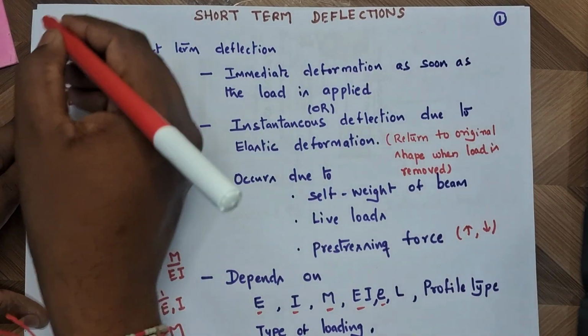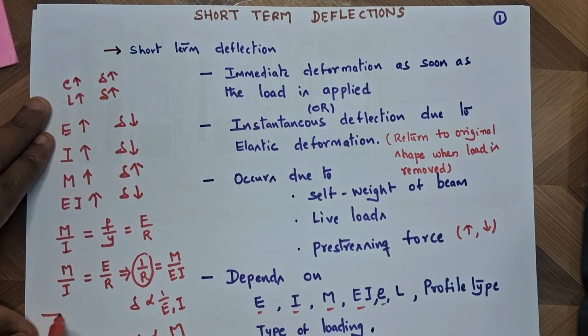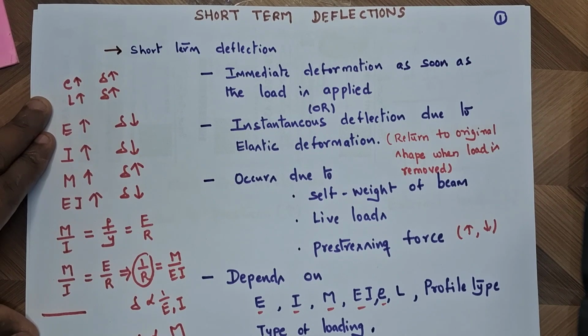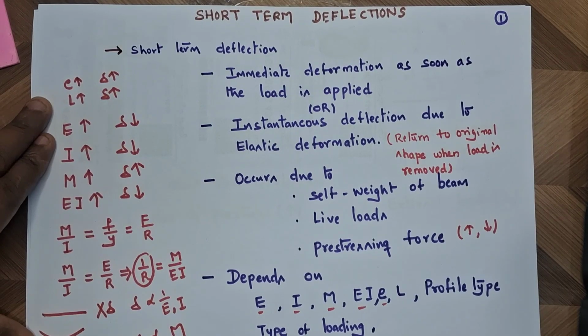Profile type. Generally, a straight tendon profile causes no deflection. Deflection is 0. If you are maintaining a parabolic profile or a harped profile, then the deflection will be upward.